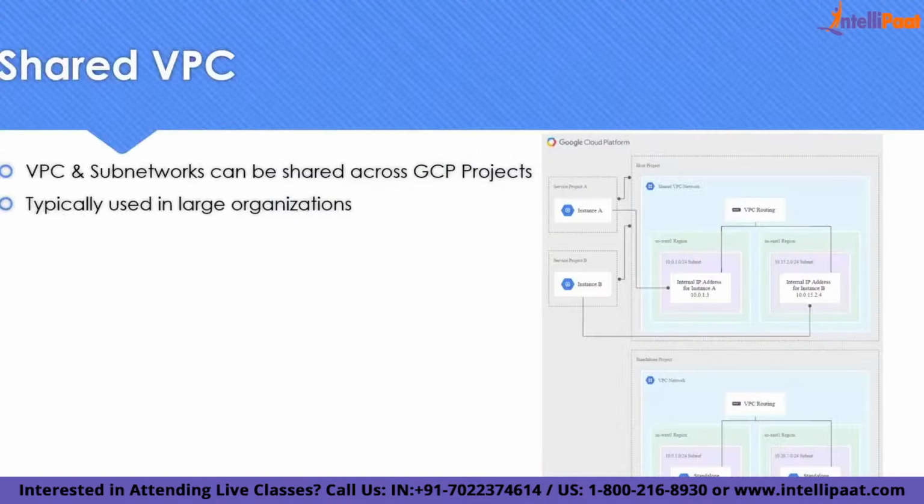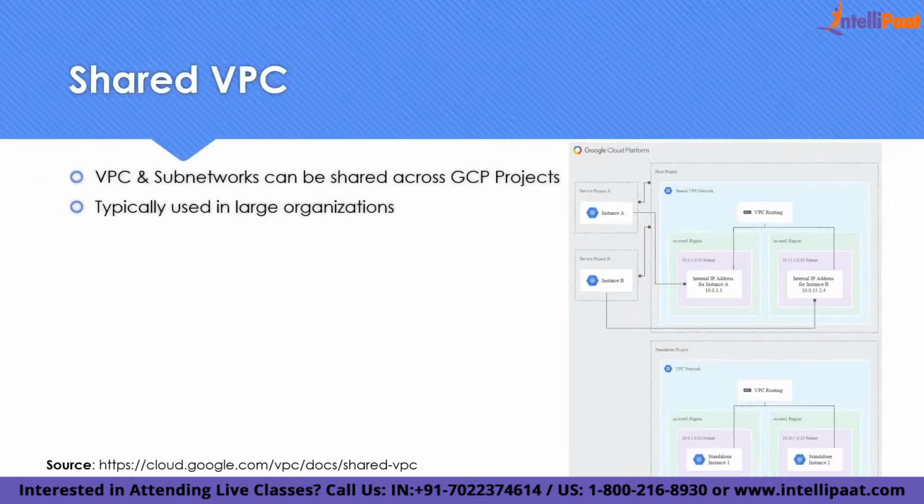Typically it suits a very large organization where there's a dedicated team to take care of networking. A word of caution: shared VPC works only within a single organization. We will see a next feature which can work across different organizations, but shared VPC works only under a single organization.